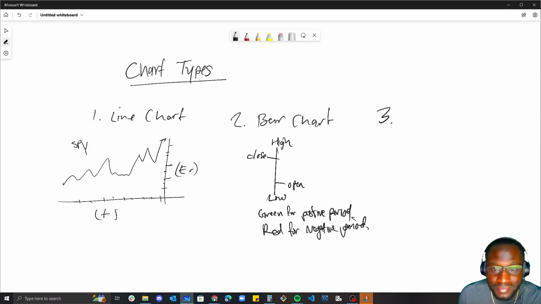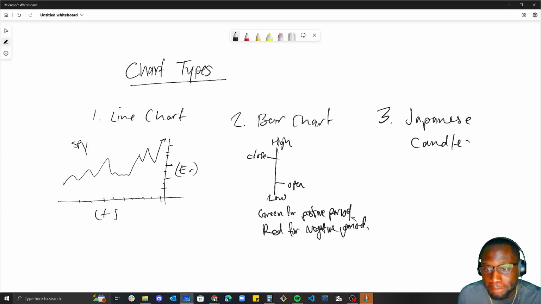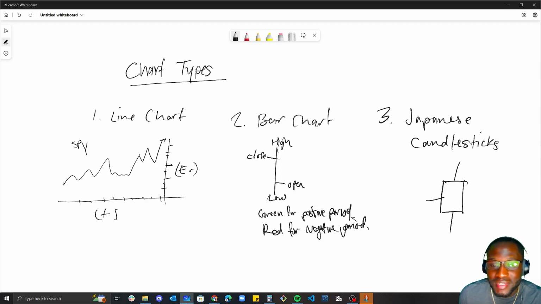So the third one is Japanese candlesticks. And the candlestick basically looks like this. It has a body, and then it has wicks.